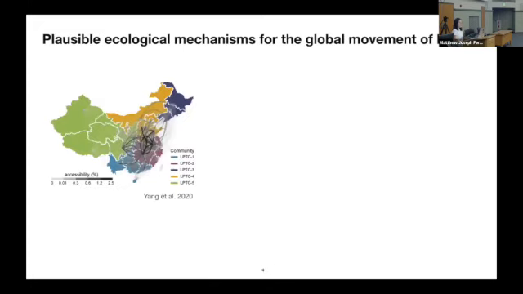One important aspect of the pattern is the spatial dispersal pattern of the virus. People hypothesize there are two possible ecological mechanisms: live poultry trade and wild bird migration. One of my previous works found that within China, the live poultry trade network shapes the avian influenza transmission network.